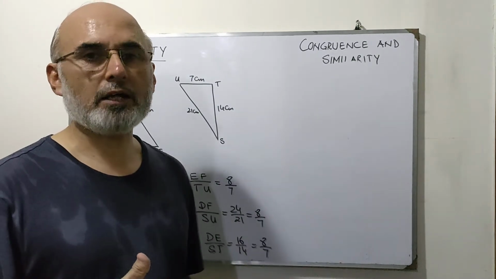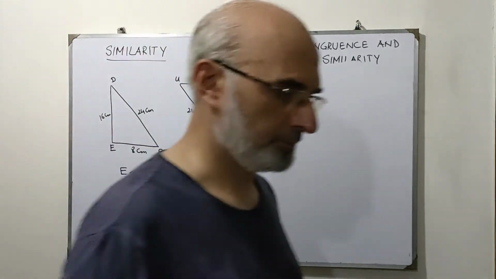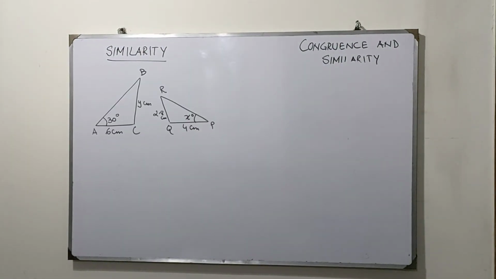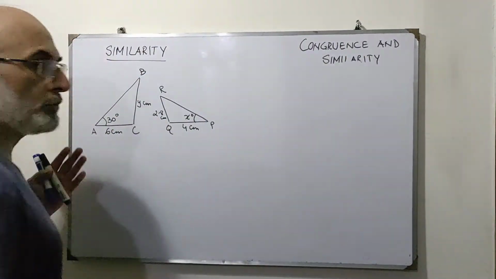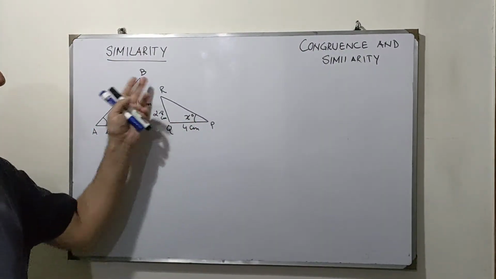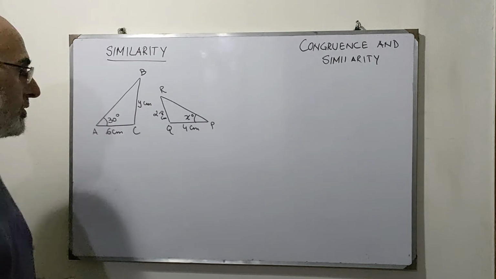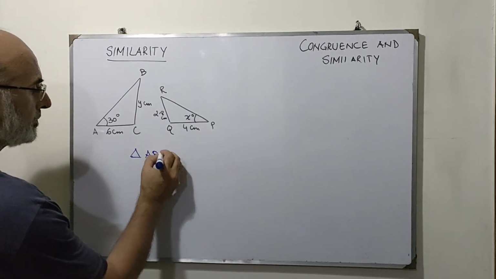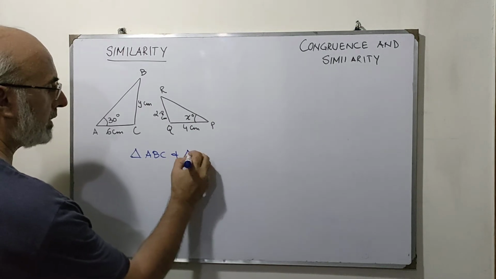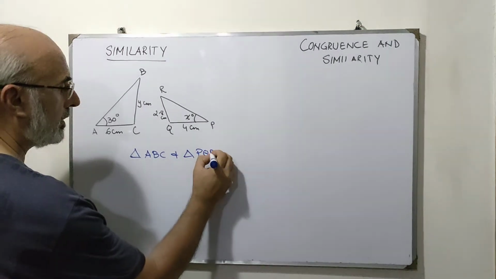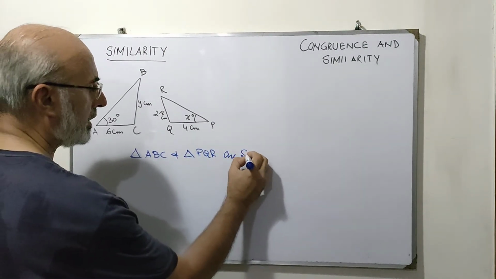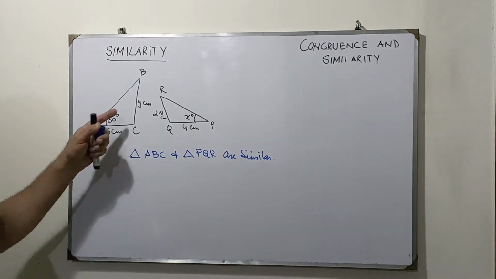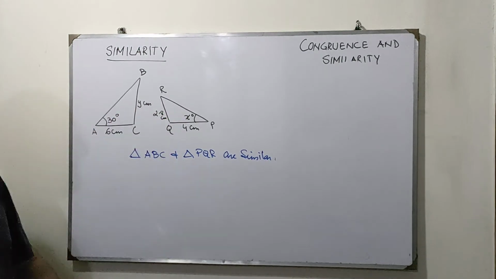Let's take another example, where the given figures are already similar and we have to find the unknown. We have these two triangles, ABC and PQR, and the given condition is that triangle ABC and triangle PQR are similar. We have to find this unknown side and this unknown angle.